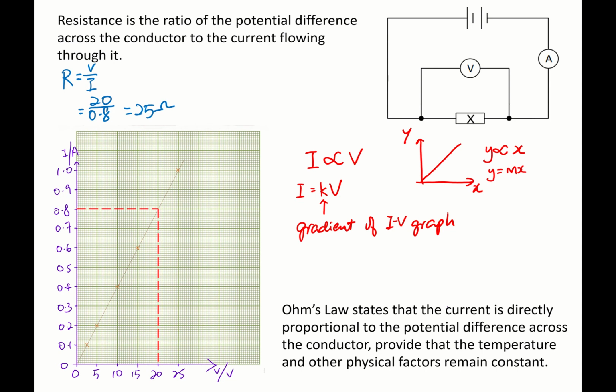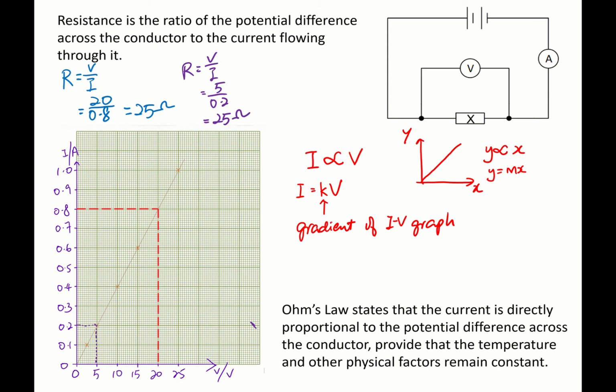In the first one, if I choose V equals 5 and I equals 0.2, so my R equals V over I equals 5 over 0.2, which equals 25 ohms.